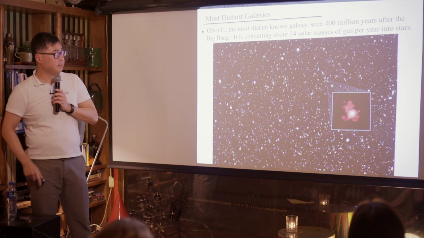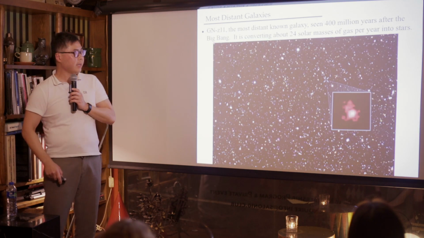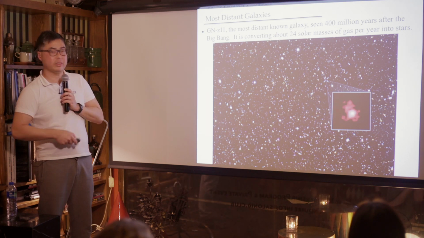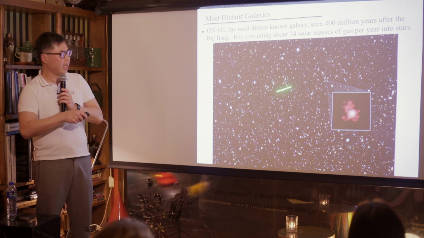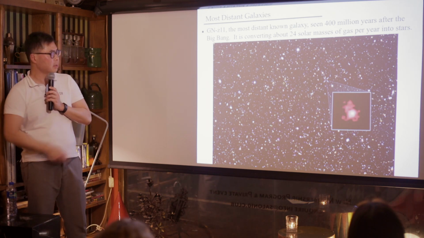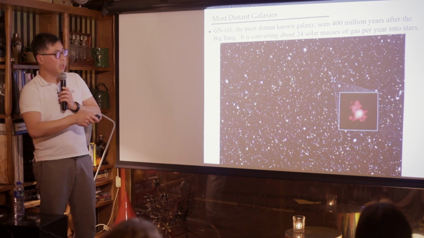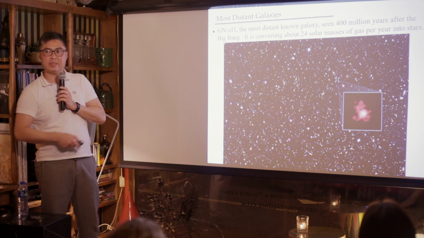If you're wondering what this galaxy looks like, this is what it looks like. This is the region of sky in which it resides. You can see many, many galaxies in this picture. Virtually every dot in this picture is a galaxy. Some are relatively close, and some are much further away. This particular galaxy, you probably can't even see from the back.